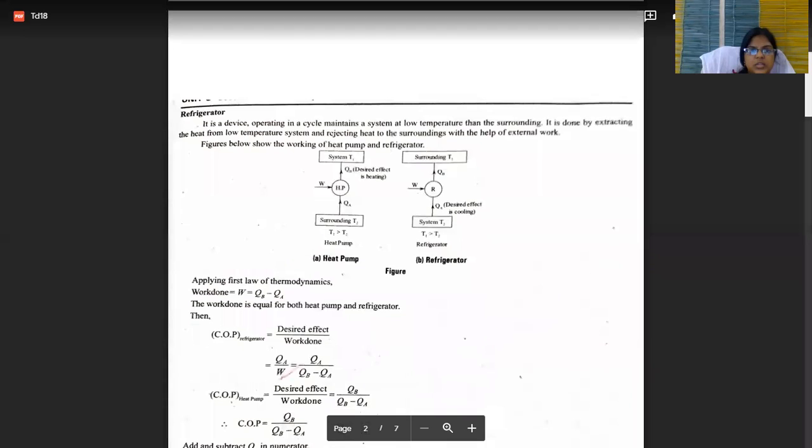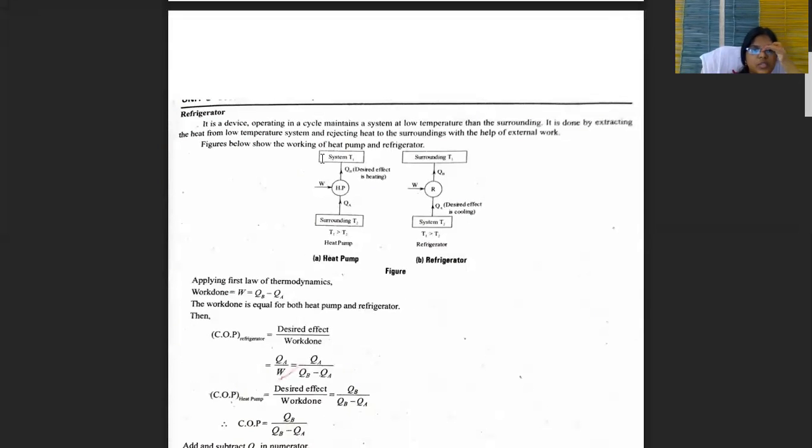Next, the refrigerator. This is the heat pump and this is the refrigerator. Now we are going to discuss the refrigerator definition. It is a device operating in a cycle, which maintains a system at a lower temperature than the surroundings.